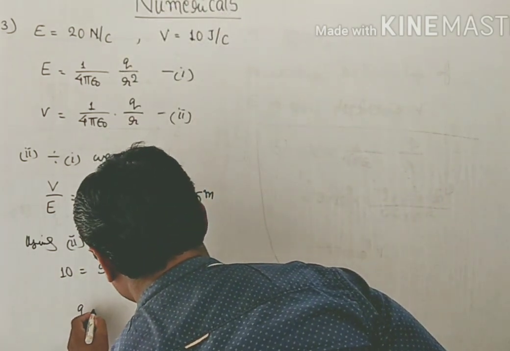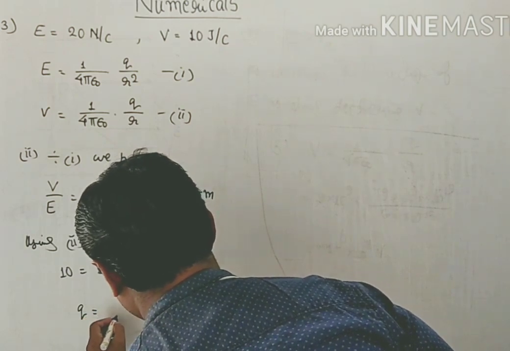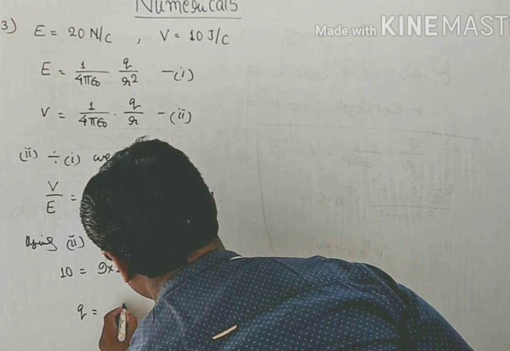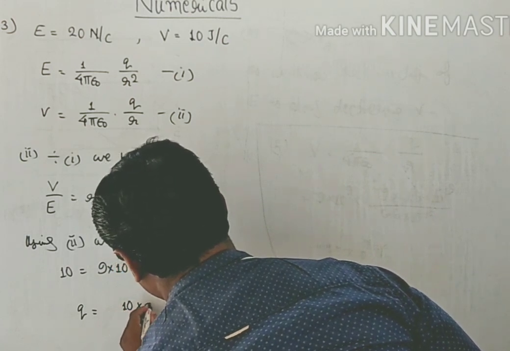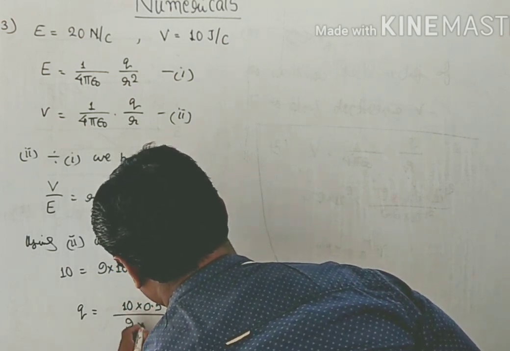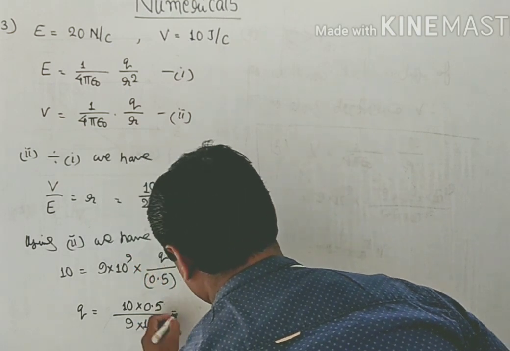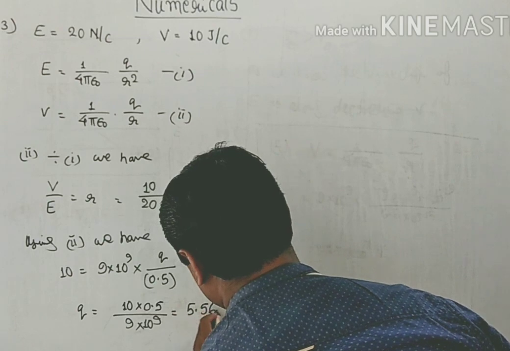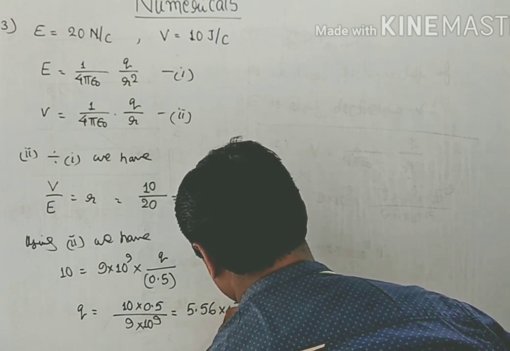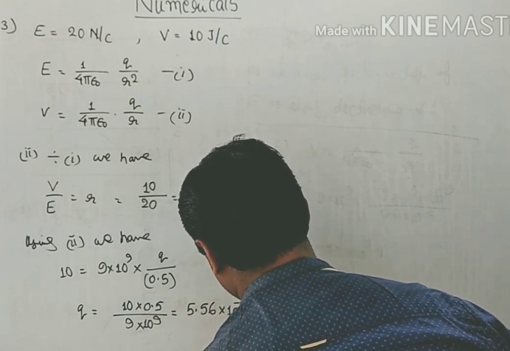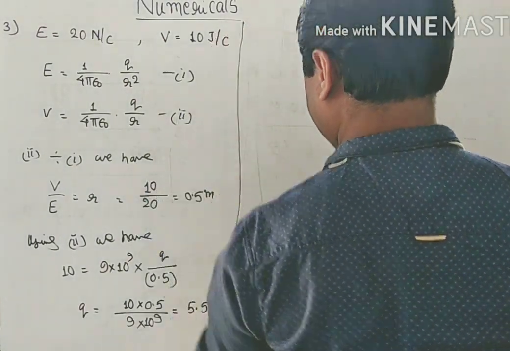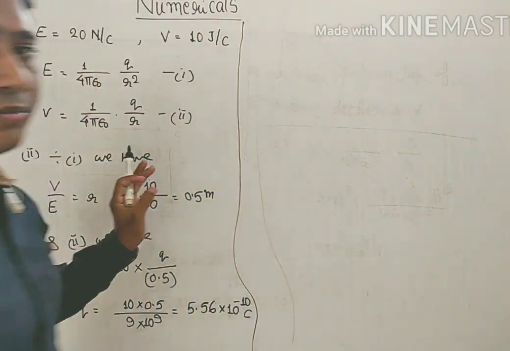So the value of Q is now equal to 10 into 0.5 upon 9 into 10 to the power 9. So this is simply 5.56 into 10 to the power minus 10 coulomb. So this will be your answer for this question number 3.